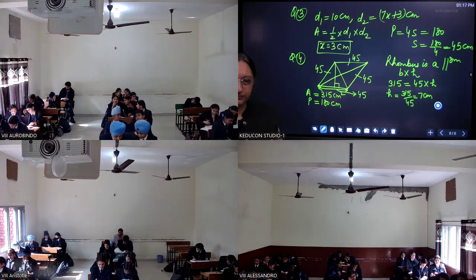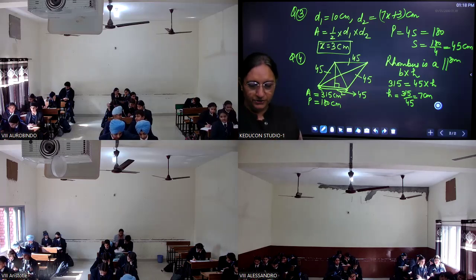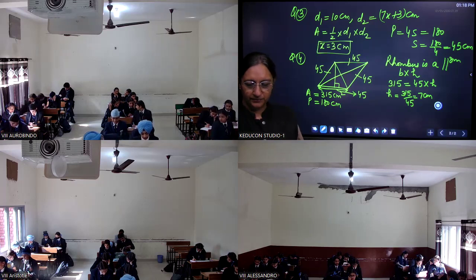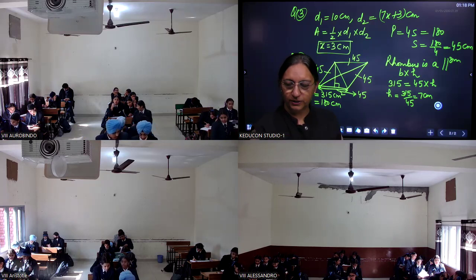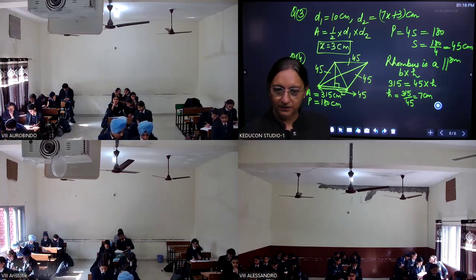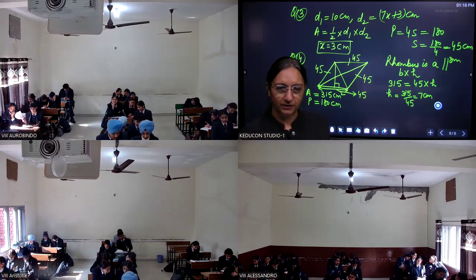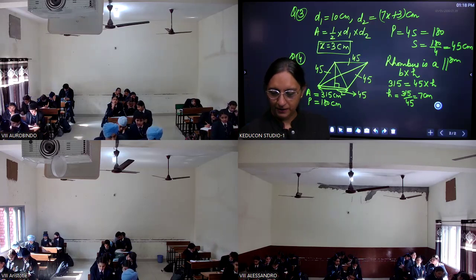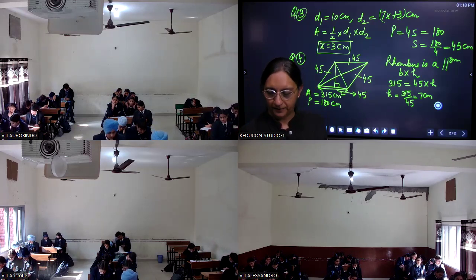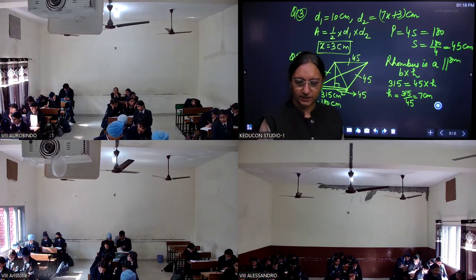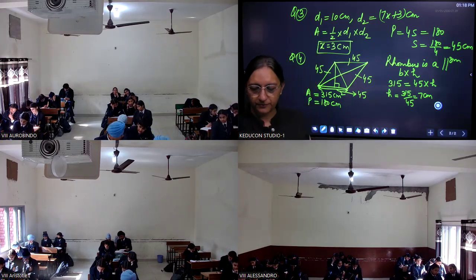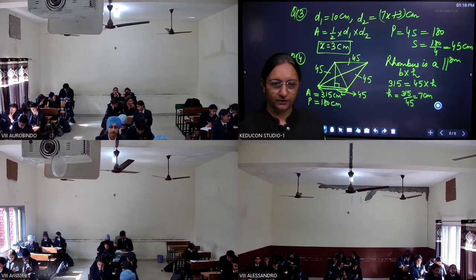Question number 5. Pictures of a textbook are given in the form of L into B into H. The book is rectangular. From the dimensions you can see L into B into H. It is to be covered with a brown paper. If for each book wastage is 164 centimeter square of paper, how much paper is required to wrap one book?